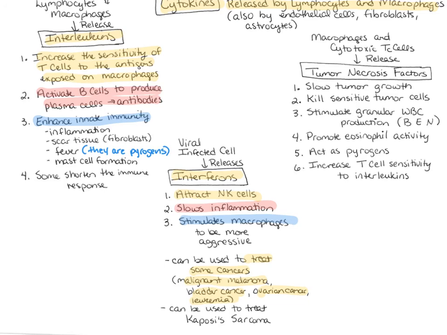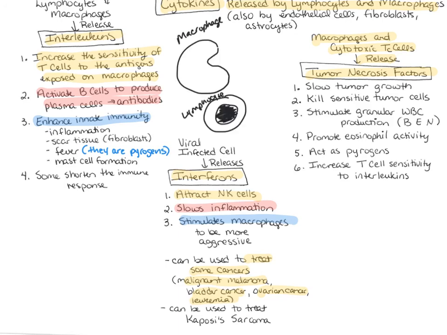The last type of cytokine that I want you to know about is the tumor necrosis factor. The macrophages are going to release this tumor necrosis factor. Cytotoxic T cells can also release it. So you've got to think of these cytokines as like little bullets. These cells are shooting out these little bullets at other cells, and what are they trying to do? So the tumor necrosis factor, like the name implies, slows tumor growth and kills sensitive tumors.